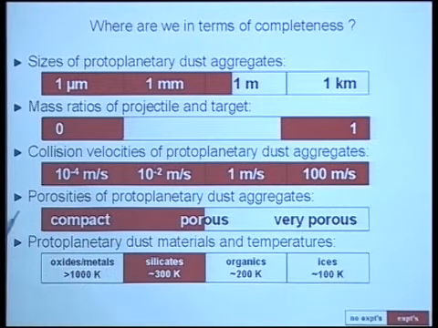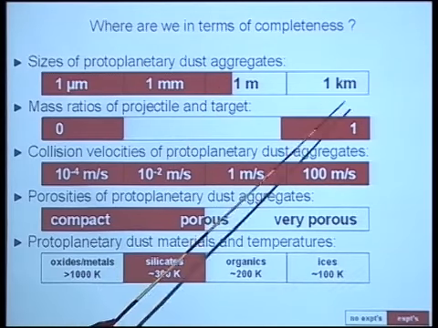Okay, where do we stand in terms of completeness of the experimental investigation? We will never be complete, but just to quantify the completeness, I've put some bars here. This is the size of the dust aggregate consisting of micron-sized particles. So from a micron to about 10 centimeters, that's all doable in the lab.